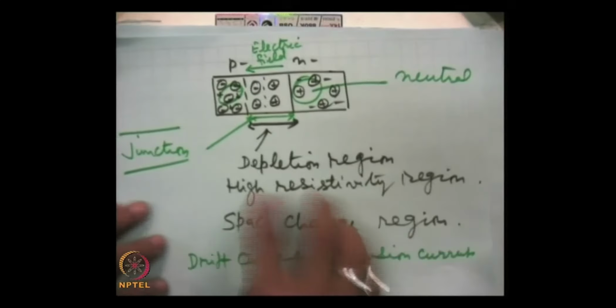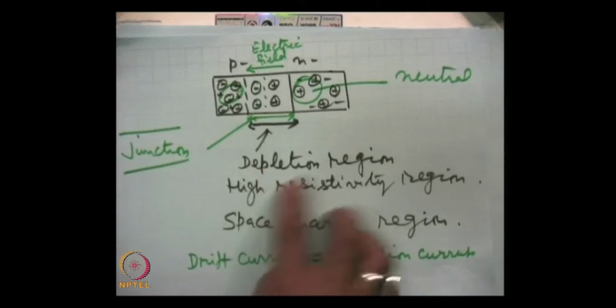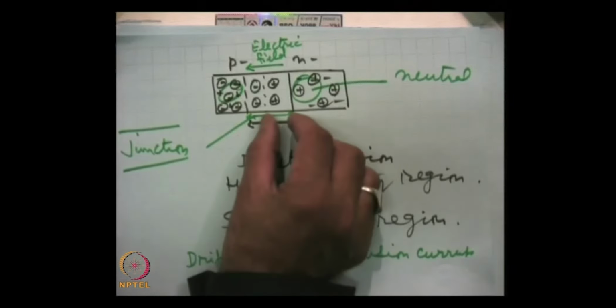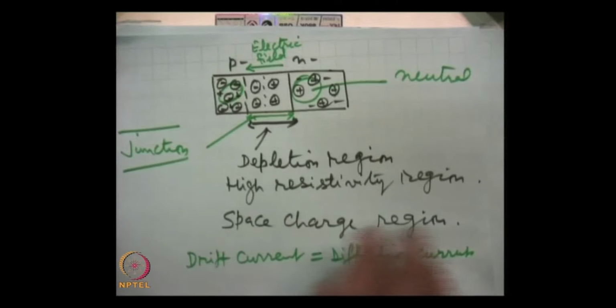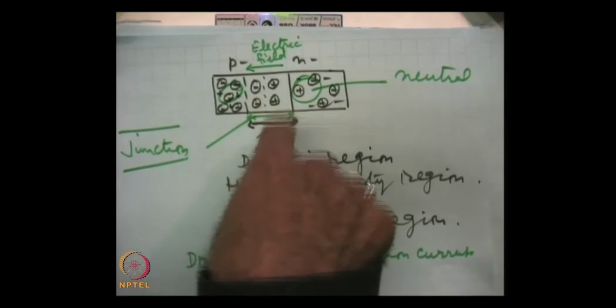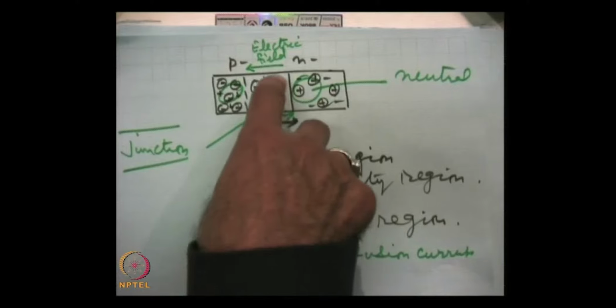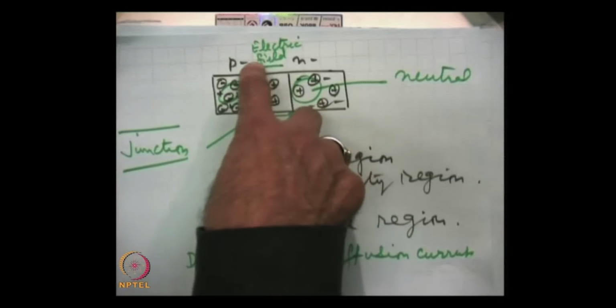So, we will remember the properties of the junction, which is called a depletion region. We can find out the width of the depletion region. A space charge region gives rise to an electric field.